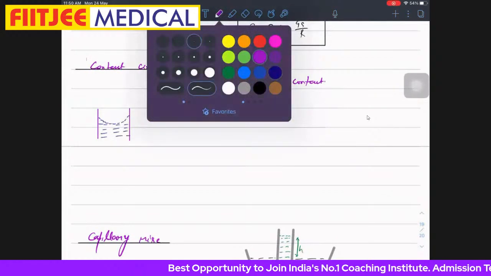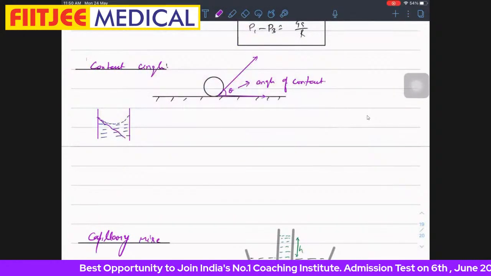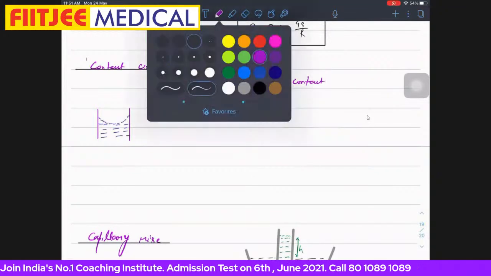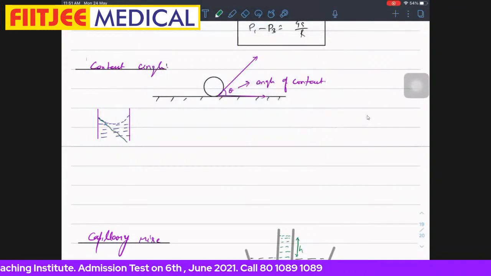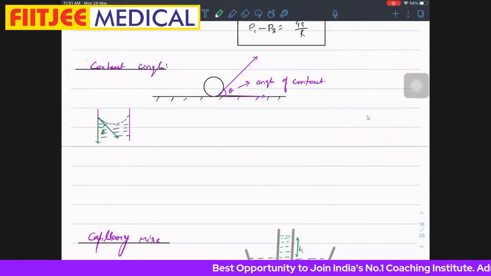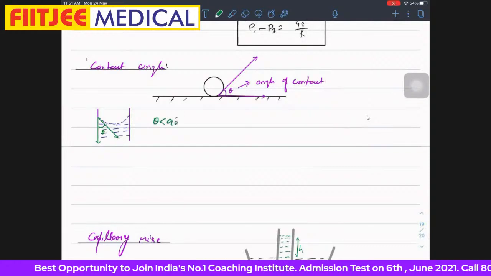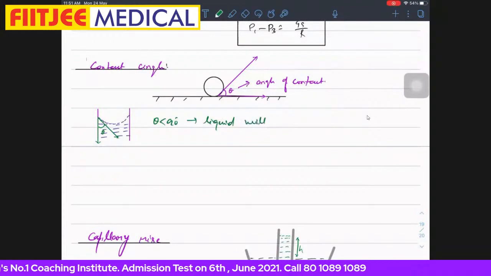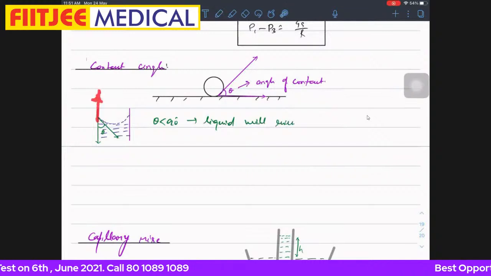So here if I draw the tangent, one will be here, one will be here. Remember, whenever you draw a tangent on the solid, it should be into the liquid. So here theta is lesser than 90-degree. Here liquid will rise. Why will liquid rise? Because of surface tension, our net force will be in the upward direction.